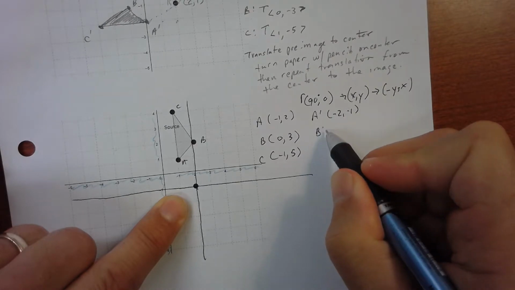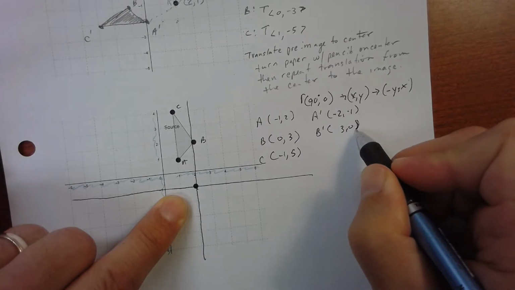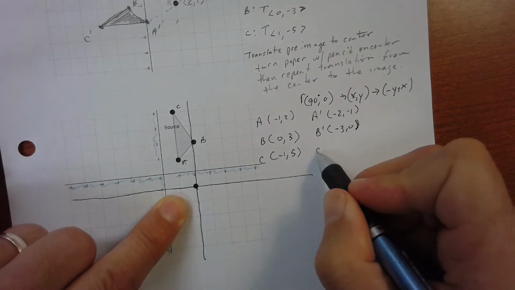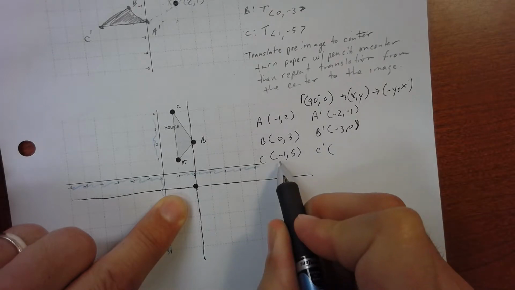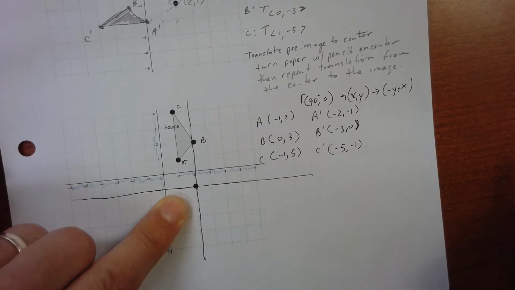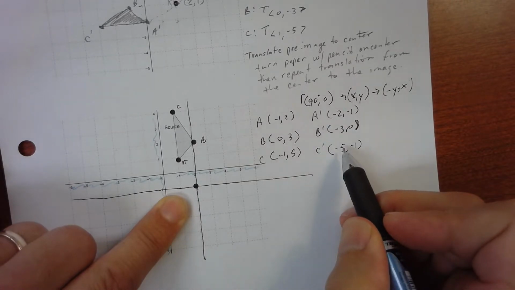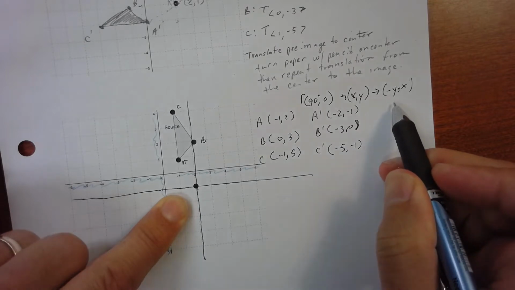B, flip it, 3, 0 this time, and change the first one. And then C, flip it, and change the first one. All right, and so these are going to be my new points. There's no turning the paper. This is just simply using what we know about a 90-degree rotation.